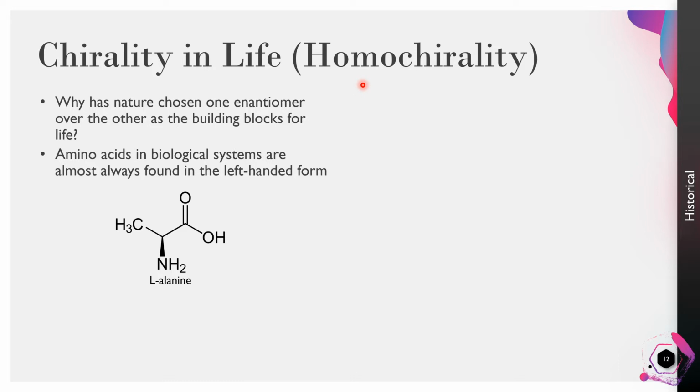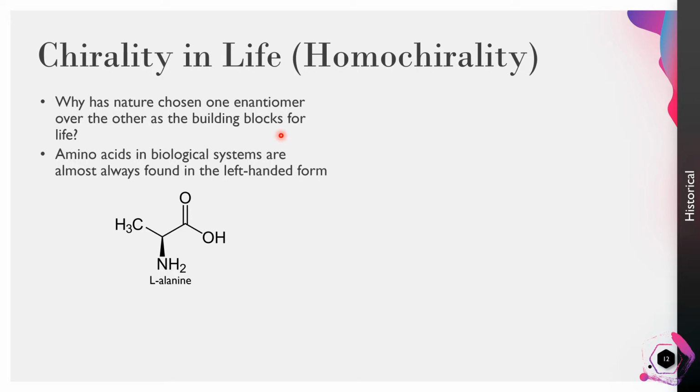And it's interesting to think about this question, at least in relation to the CISS effect, because the investigation into this question of why nature has chosen one enantiomer over the other inadvertently led to the development of the CISS effect, and I'll show you how.